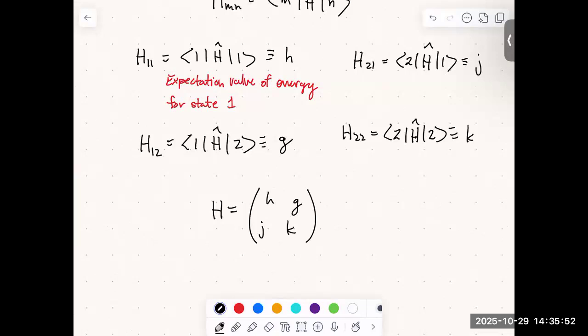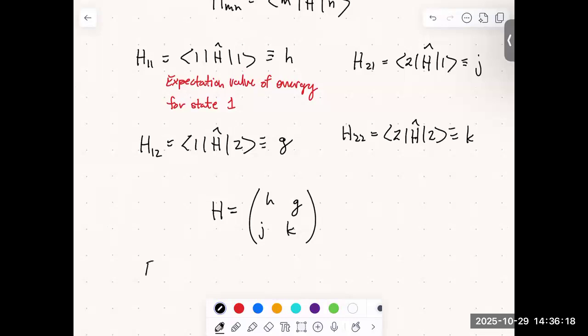Now, what I want to say about this is that actually the Hamiltonian matrix is restricted more than what we've shown. The reason it's restricted is because, remember, we proved that operators of physical observables, of which energy is something we can measure, have to be Hermitian.